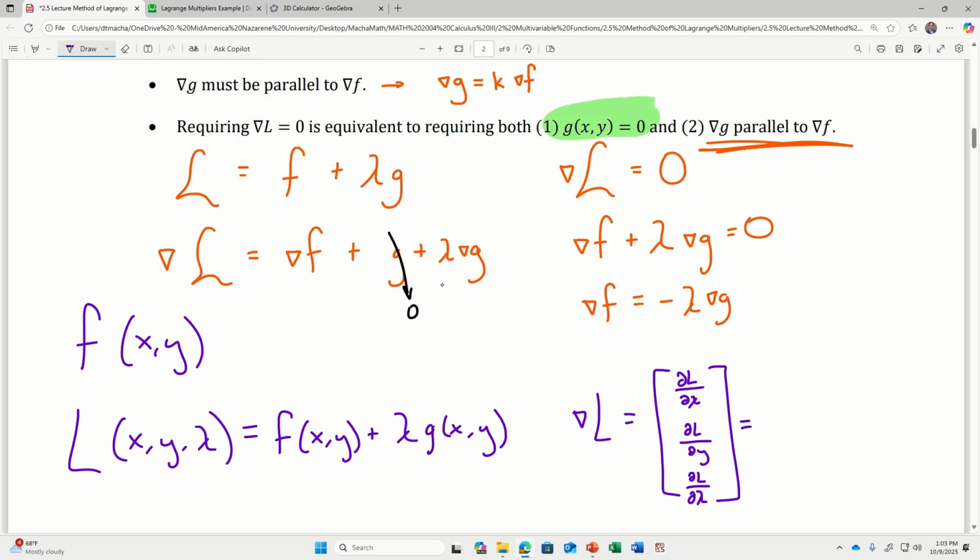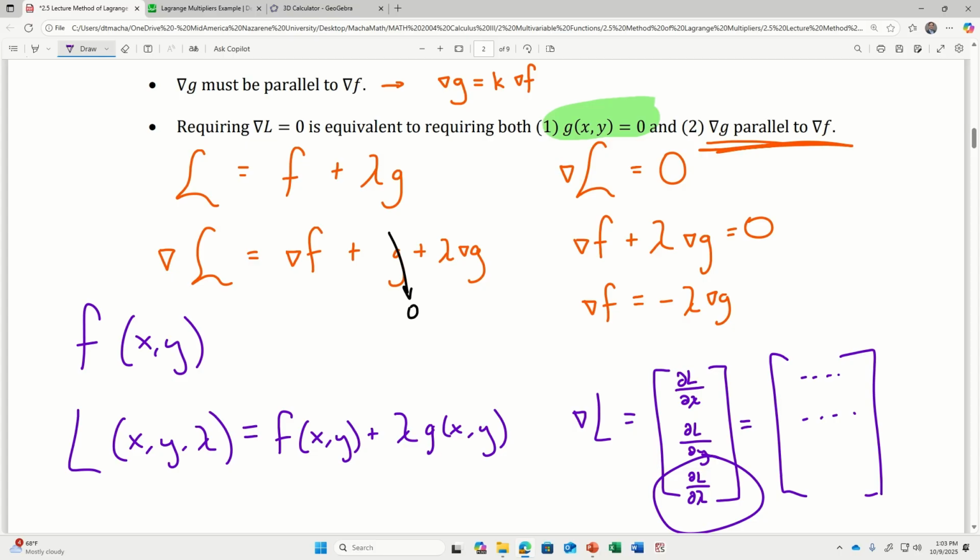And again, when I take the gradient of the Lagrange function, forget the first two entries for right now. Focus on the third. What is the partial derivative of my Lagrange function with respect to this lambda?